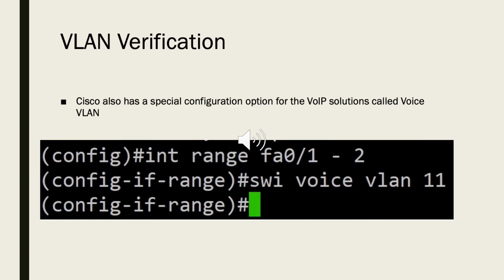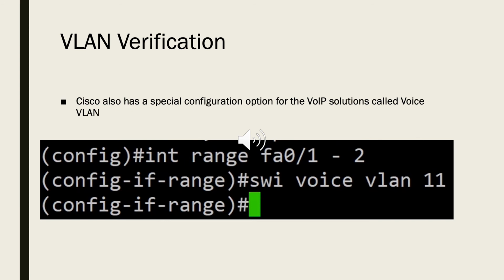Cisco also has a special configuration option for VoIP solutions called voice VLAN. This allows a port to have an additional VLAN added to it, so that if a Cisco phone is connected to the port, it will automatically have the phone traffic moved to the special voice VLAN. This command is actually pretty easy to implement.